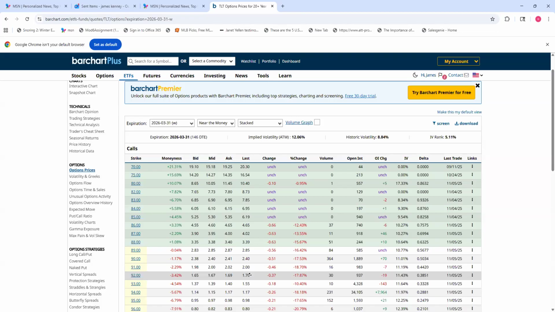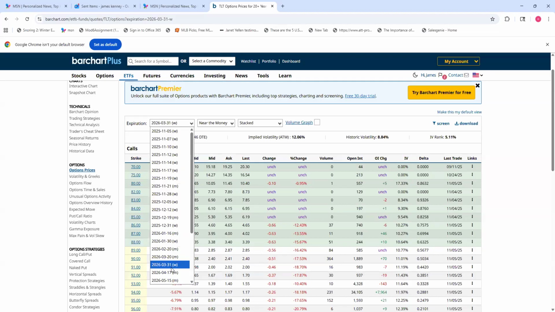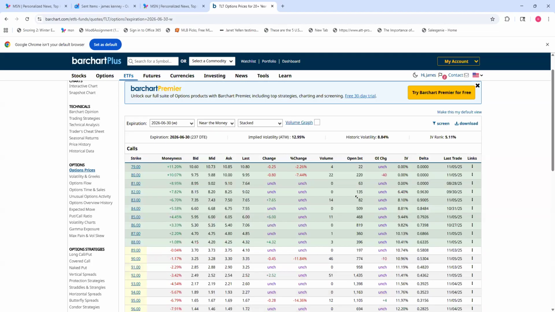And that's exactly the kind of thing that I'm looking for. Now, if you want to go further out, you go to June. You want to go out to June? Let's see what they got here for you. They got a deal for June 30th. What does it cost to do that? Well, 252 bucks. Now you got the first half of next year to go up, right?